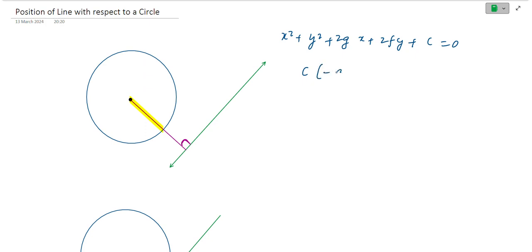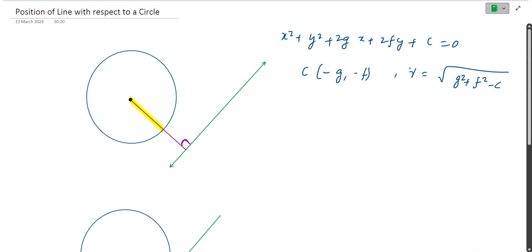Center coordinates will be minus g comma minus f, and the radius value is under root of g square plus f square minus c. Now assume that the given line equation is ax plus by plus c is equal to 0, the general equation for a line.